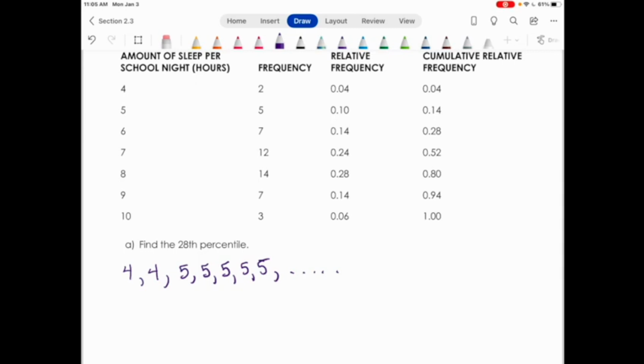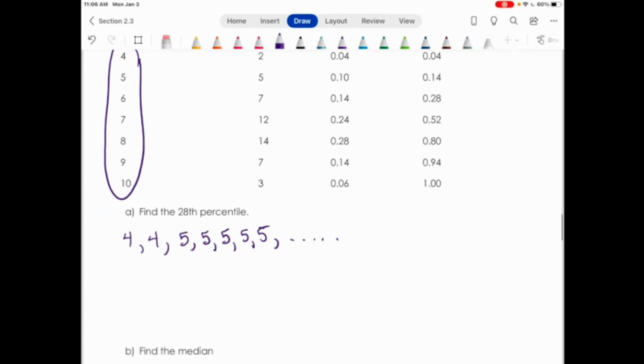So when we're looking for the 28th percentile, we want to find the value in the data set so that 28% of the data lies below that value. So we're going to use our formula to find our position. So we have i equals k over 100 times N plus 1.